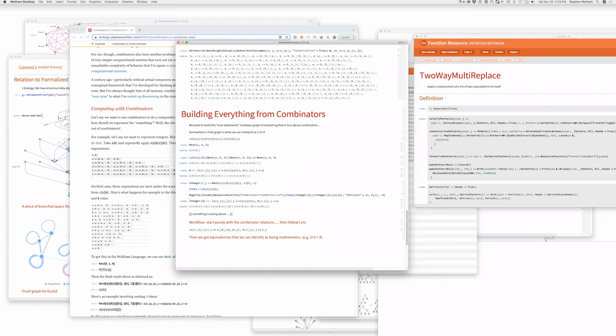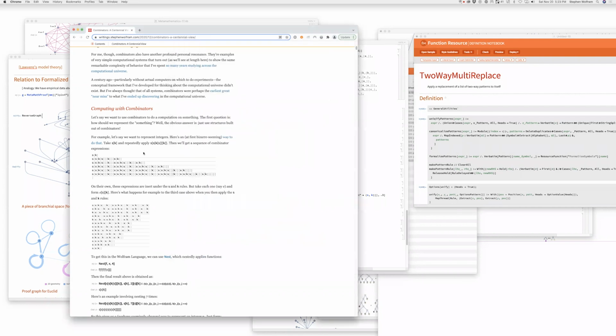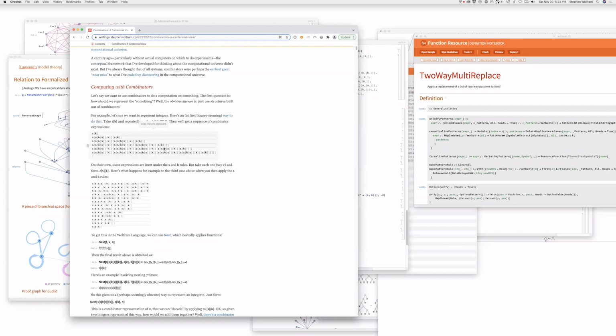Okay, let's figure out how to make this work. What the heck did I do wrong with my integers there? This is in NKS, so let me look for that. What did I do wrong? This is crazy.